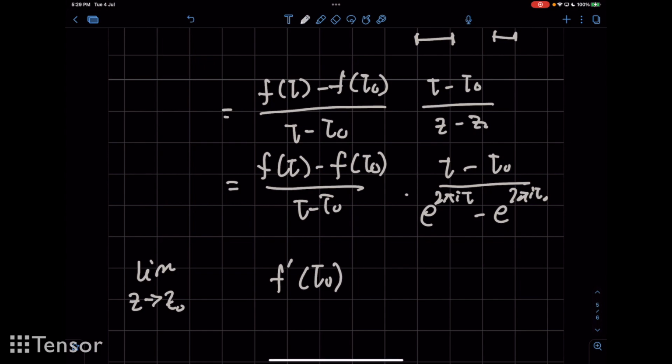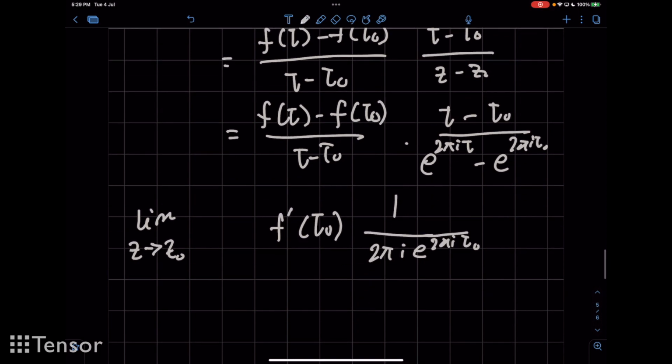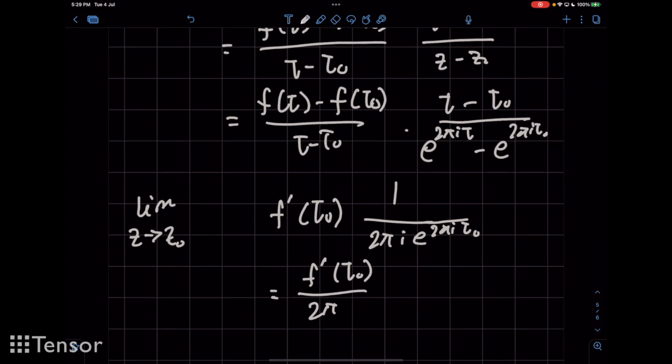And this is 1 over 2 pi i e to the 2 pi i tau naught. So this is the reciprocal of the derivative of e to the 2 pi i tau. So then we see that this is equal to f prime of tau naught divided by 2 pi i q of tau naught, and q of tau naught is z naught.